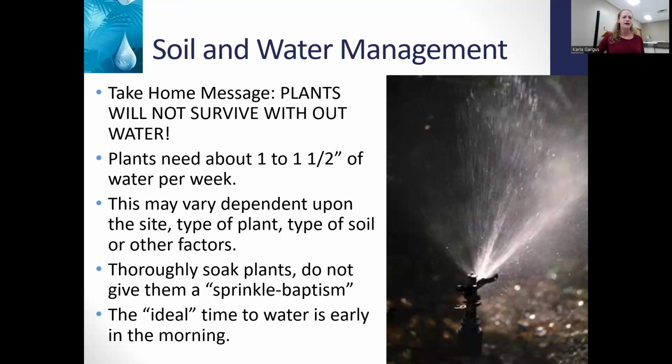I do like to give my plants a good shower. I will take the sprayer on the end of the hose, and if I have aphids on my tomatoes, I will literally just give them a bath, wipe them down and blow those bugs off.